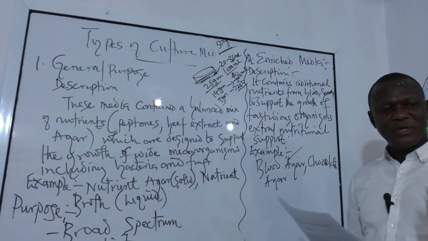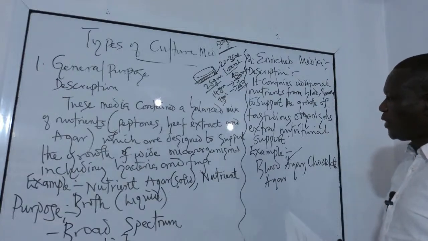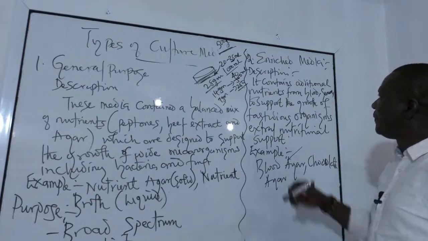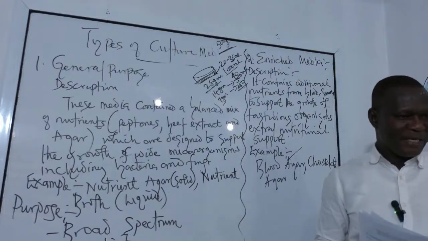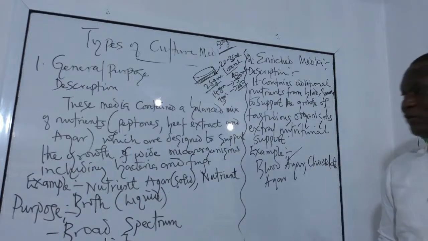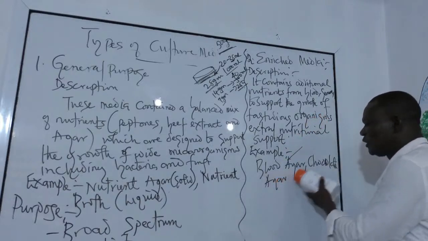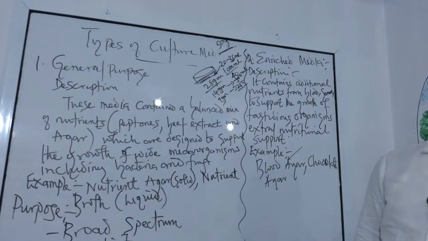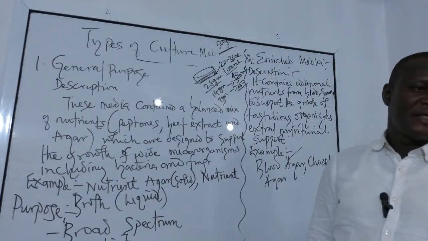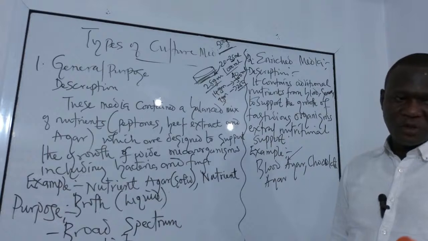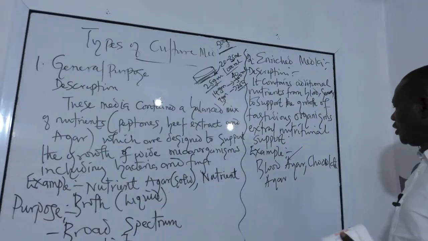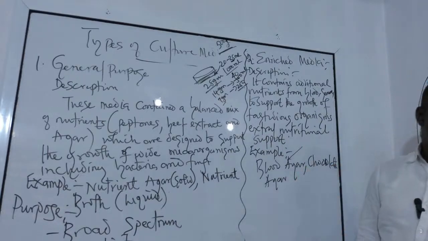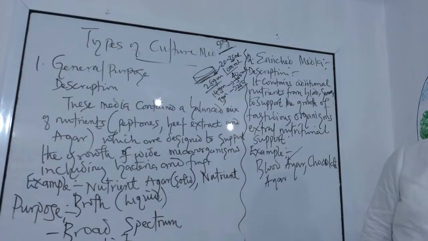By the time we actually start the practical, you are going to see more of this. But one thing you should have in mind is that whenever you want to prepare blood agar, you will collect blood. You can make use of already expired human blood, or you can collect fresh blood, but you can also collect blood from sheep and from animals.